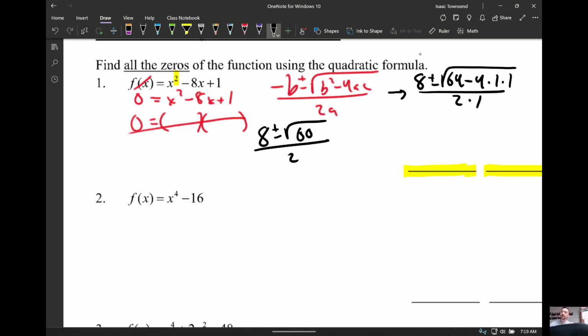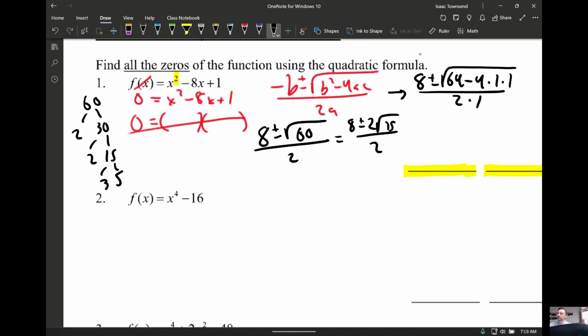And then if this breaks down at all, we should break that down. Looks like the square root of 60 is 2 square roots of 15. And then finally, every single term is divisible by 2, so we should do that.